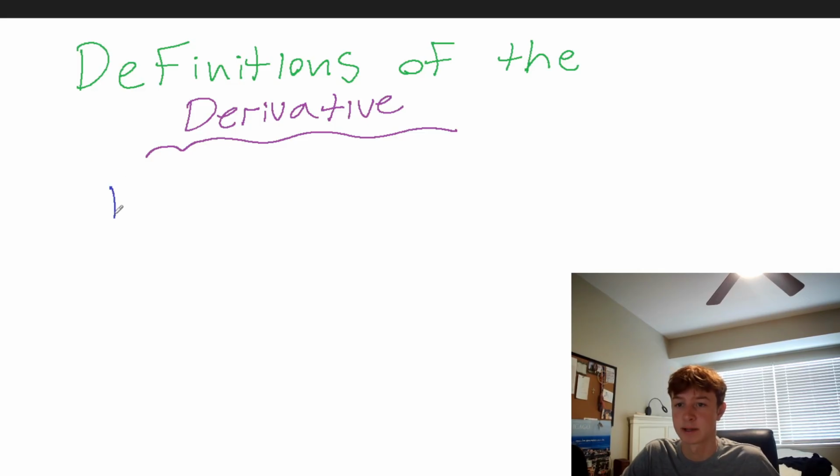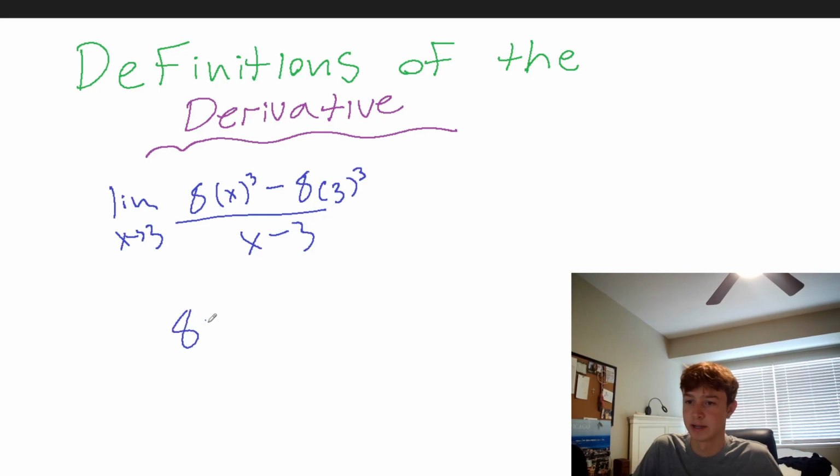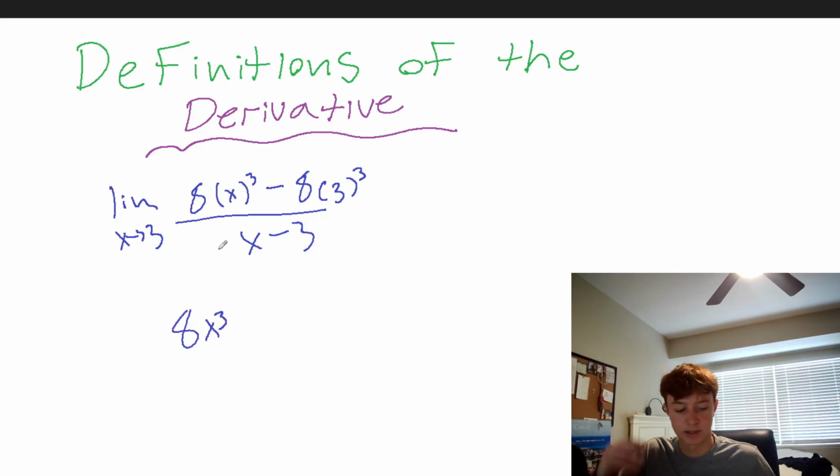If you saw something like the limit as x approaches 3 of 8x to the power of 3 minus 8 times 3 to the power of 3 all over x minus 3, you would know that this is asking you to find the derivative at x equals 3 of 8x cubed, because based on your knowledge of the definition of the derivative, you know that this item is f of x.